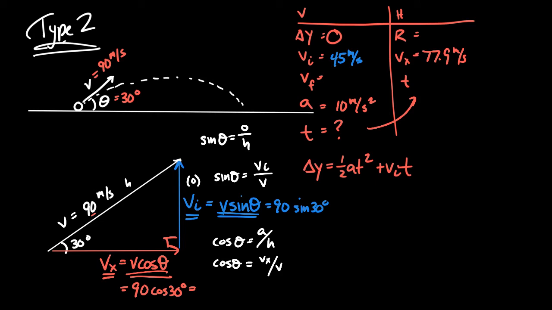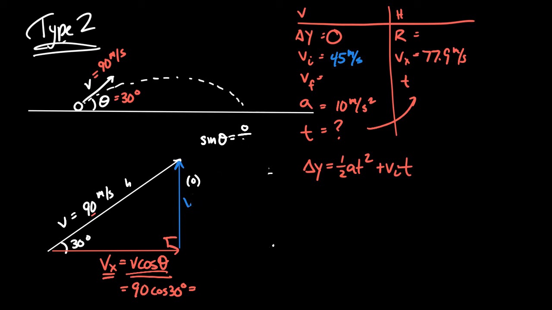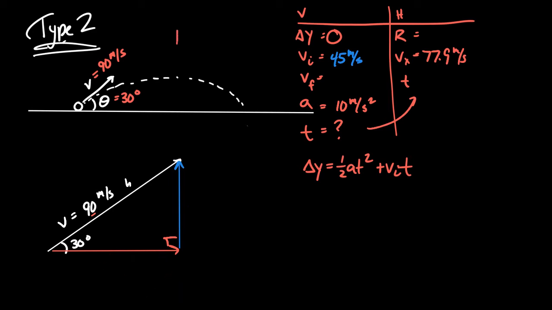So let's take a moment and do the algebra for this. So get rid of the trig here, so it's just in the way. And I'm going to go ahead and make upwards negative, just to screw with you a little bit. And to the right, I'm going to make positive. Understand, by making upwards negative, I'm making the 45 negative.